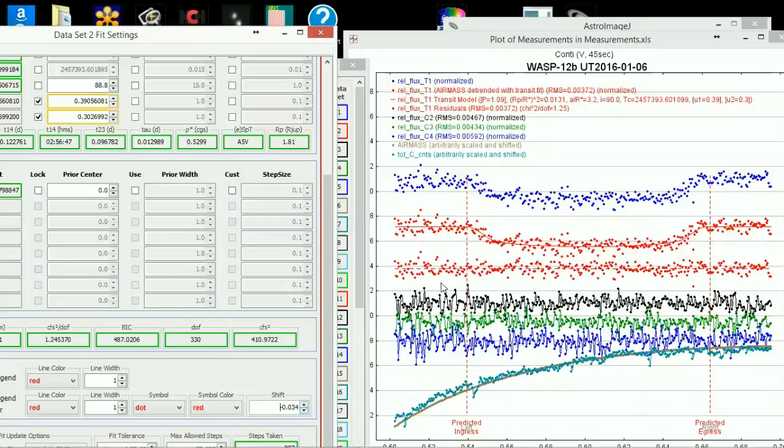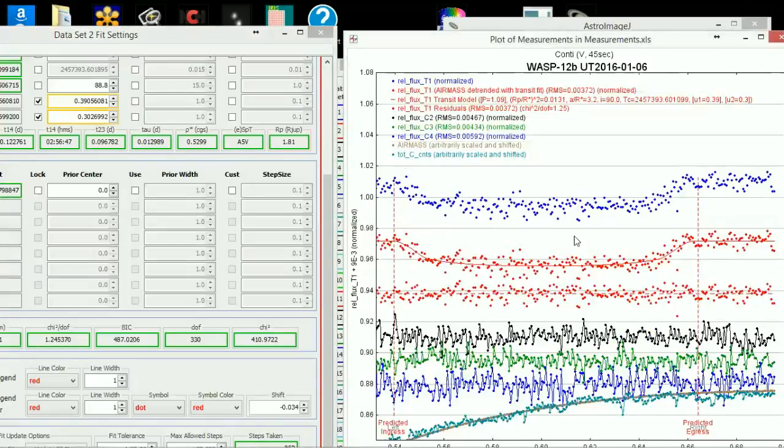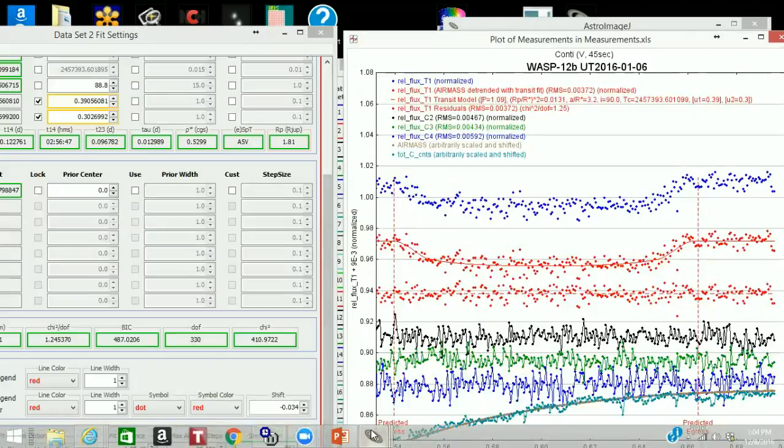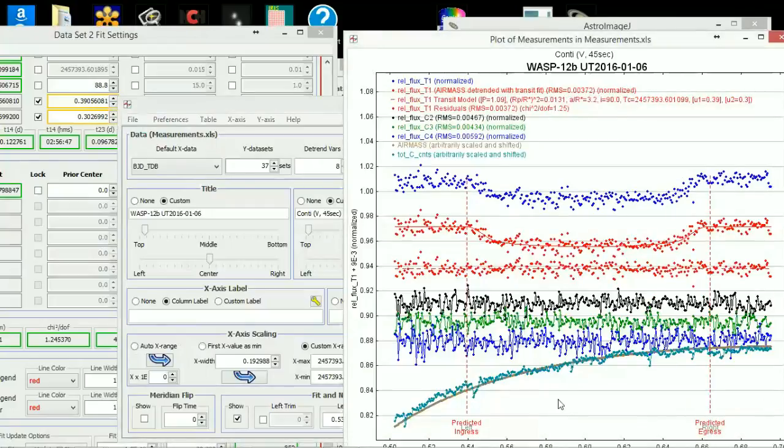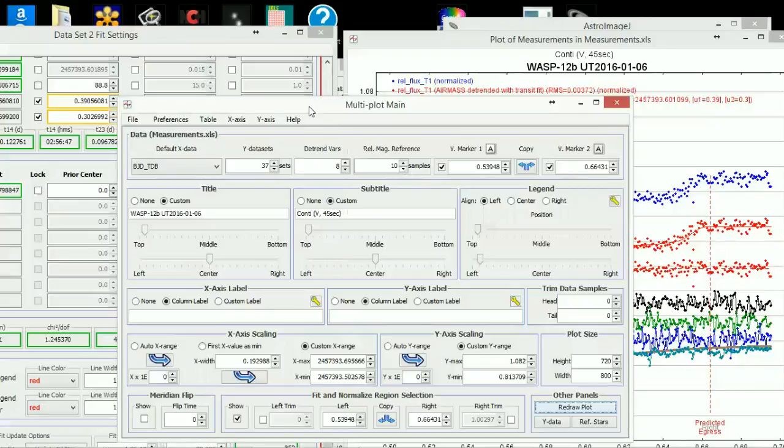And there we go. So what we see then is the raw flux, relative flux of T1. Again, let's take a look at a better view here. I'm going to redraw our plots. There we go. So our transit model, our residuals, and these are our CompStar plots. Now to pretty up the CompStar plots a little bit, let's go ahead and scale them a little bit better.